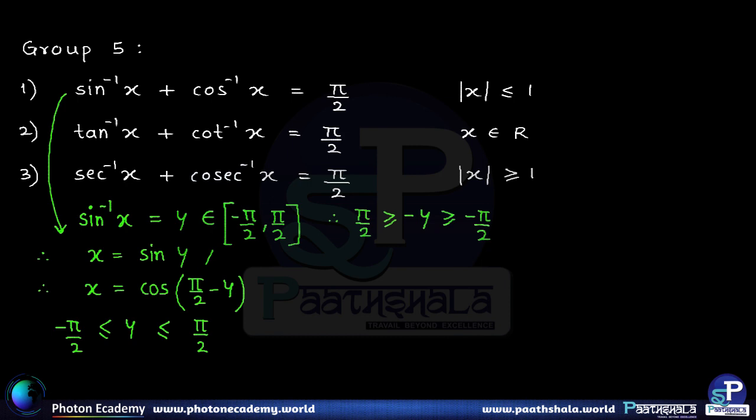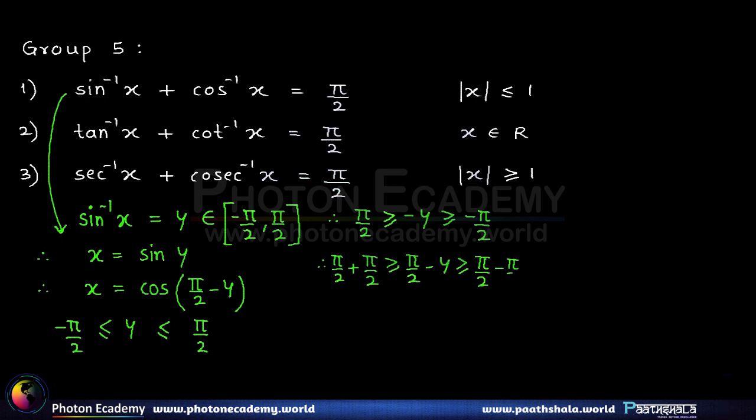Then we want pi by 2, so we add pi by 2 throughout, so therefore we get pi by 2 plus pi by 2 greater than or equal to pi by 2 minus y, which is greater than or equal to pi by 2 minus pi by 2. So clearly we have pi greater than or equal to pi by 2 minus y, which is greater than or equal to 0.